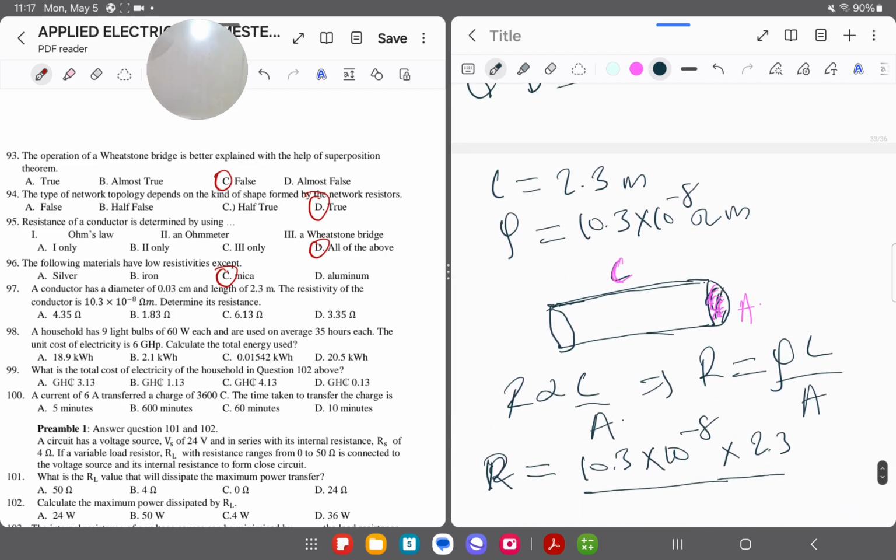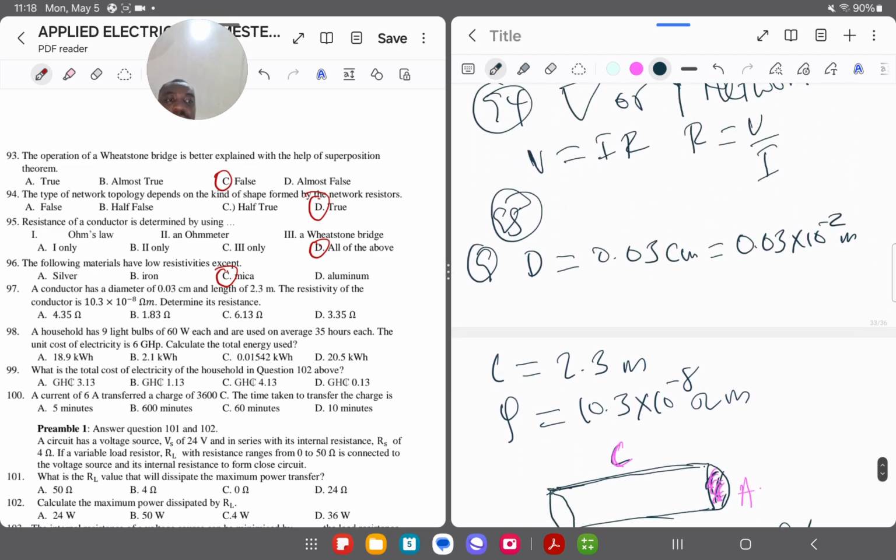We are given the diameter, so from the diameter we can get the radius, which is half of the diameter. That is 0.03 centimeters divided by 2, which is 0.015 times 10 to the power minus 2 meters.